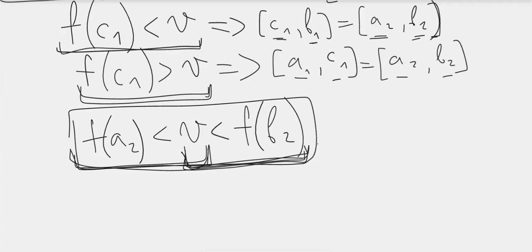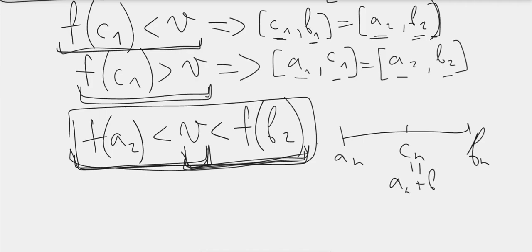Again, when we have the interval from an to bn, we divide it into two. This is cn equal to an plus bn over 2. And we choose one of these intervals as the next interval, depending on which of these two possibilities holds. So now we simply replace the indices here.